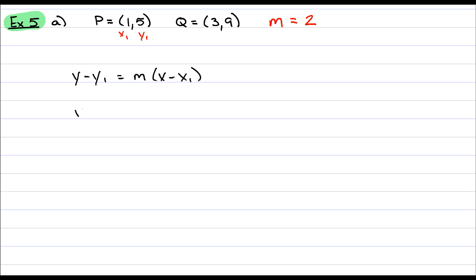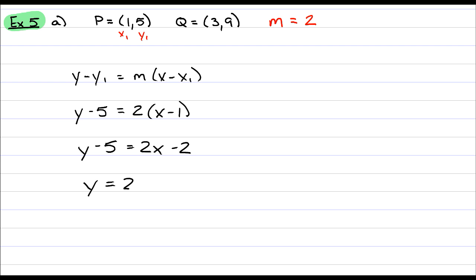So that's going to give me y minus 5 is equal to 2 times x minus 1, or y minus 5 is equal to 2x minus 2. And then I add 5 to both sides, so I get y equals 2x plus 3. And that's the equation of the line that passes through the points (1, 5) and (3, 9).